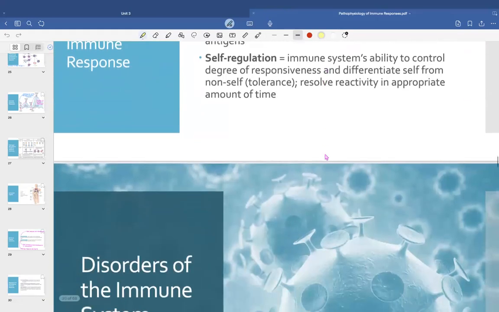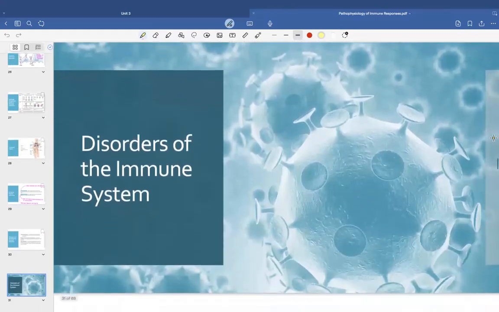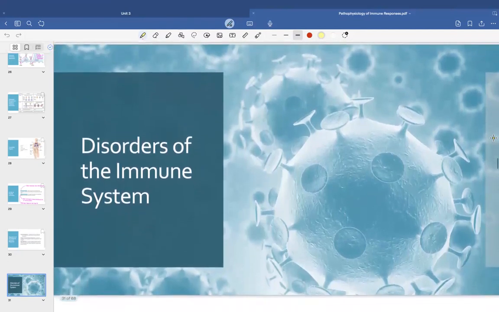Okay, so we're going to look into some of the disorders now. Think about all of these cells, all of these different proteins, large proteins, small proteins. If you have a deficiency or dysfunction or lack of regulation in any of these multiple components, think about the effect it can have on the body.